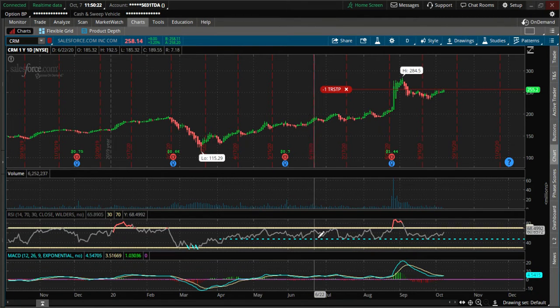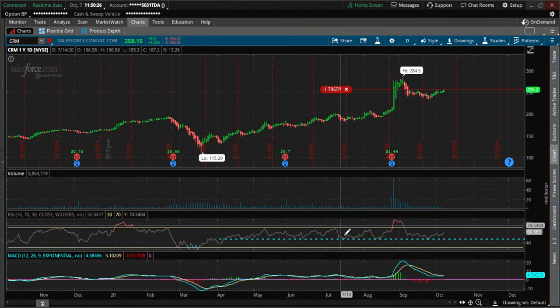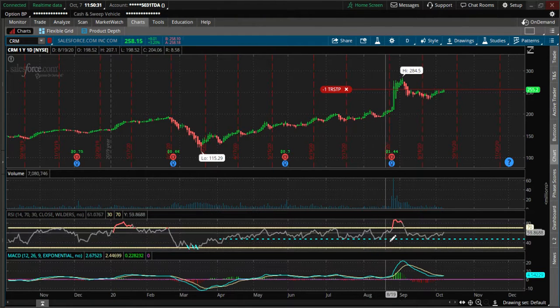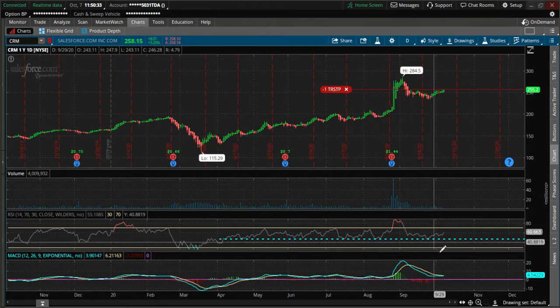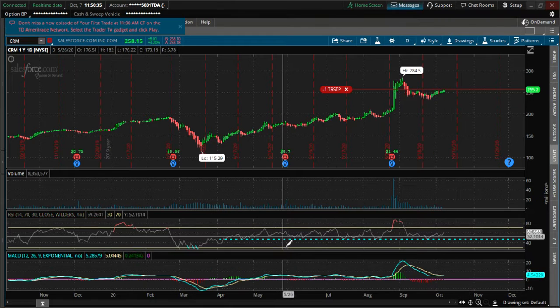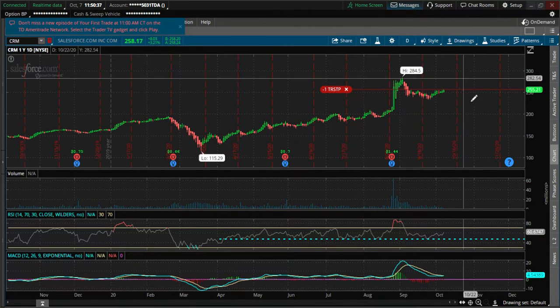Taps, bounces, gets real close to the overbought territory, and you see the pattern there. It just bounces in that channel until it breaks out of the channel. So trade the channel for the RSI as well as what's going on up here.